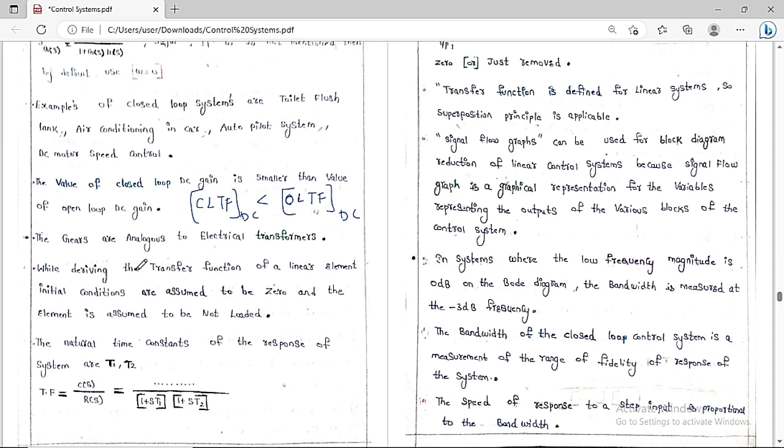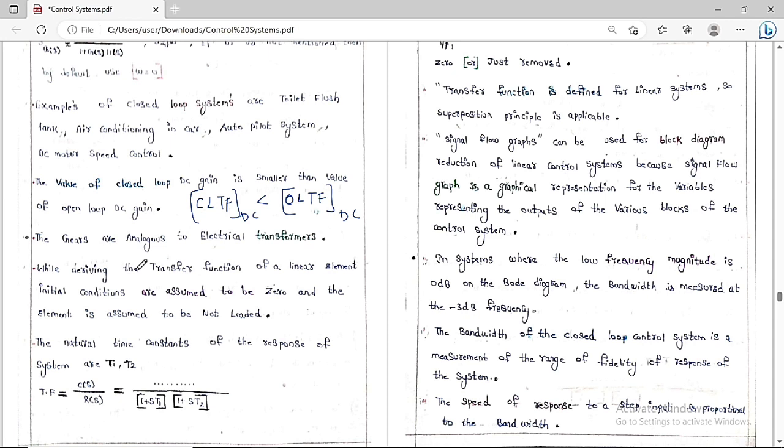These things you always have to keep in your mind whenever you figure out the transfer function of a linear element.